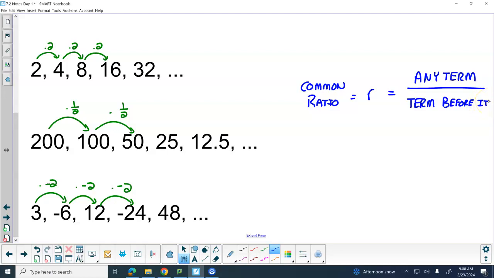So we're going to take any term and divide it by the term that's right before it. And that's going to give us our common ratio.